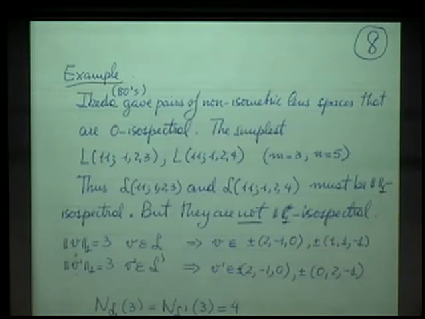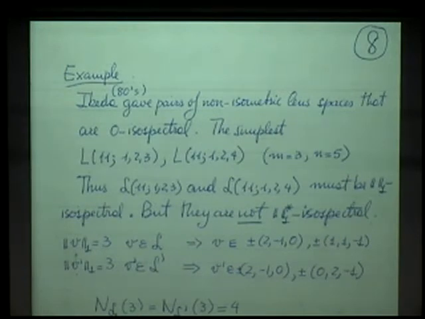And this one also does that. This is in this lattice and has length 3. And here we have similarly for L prime, okay? So the number of elements of length 3 in both lattices is 4.